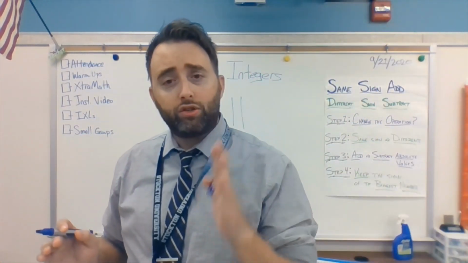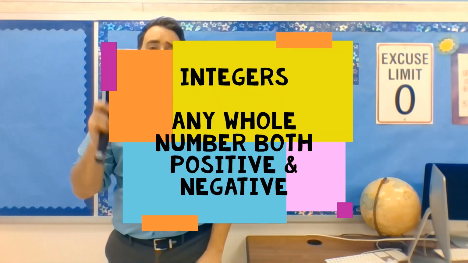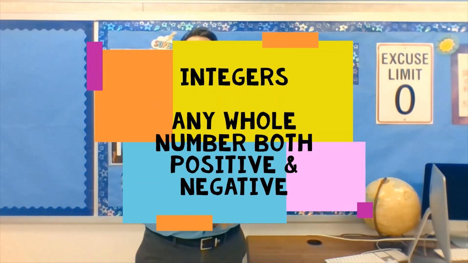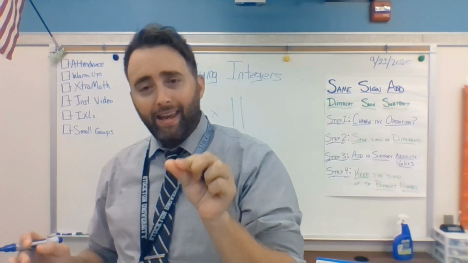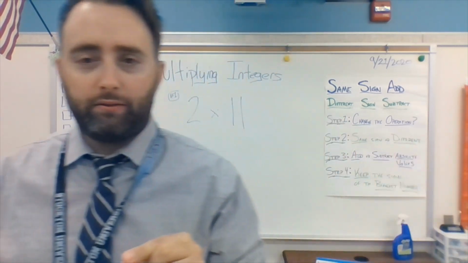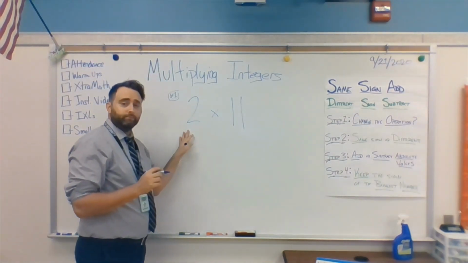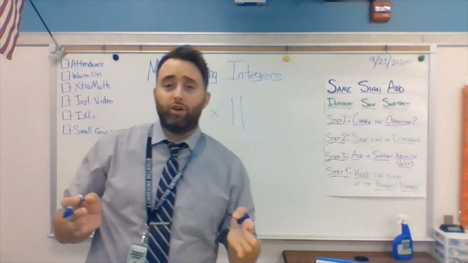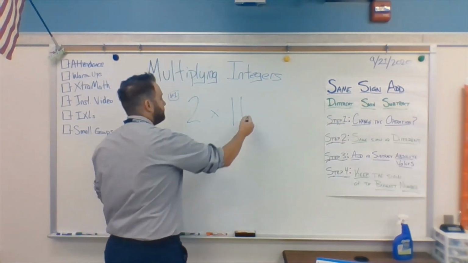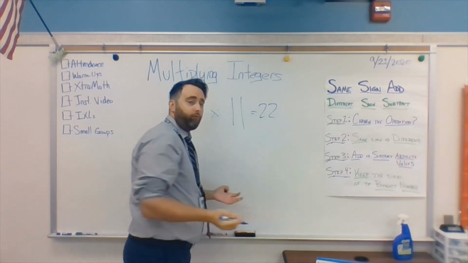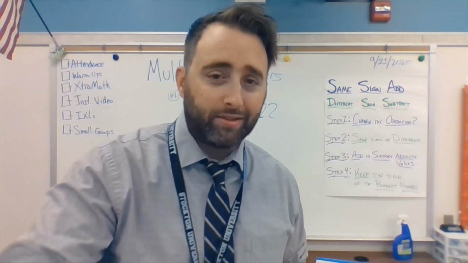Remember, integers are any whole number, both positive and negative. So you've always been dealing with integers. You just didn't realize. So 2 times 11, we probably should know this by now. 2 times 11 is 22. Good. You've multiplied with integers. That wasn't difficult. Now it's the difficult part.